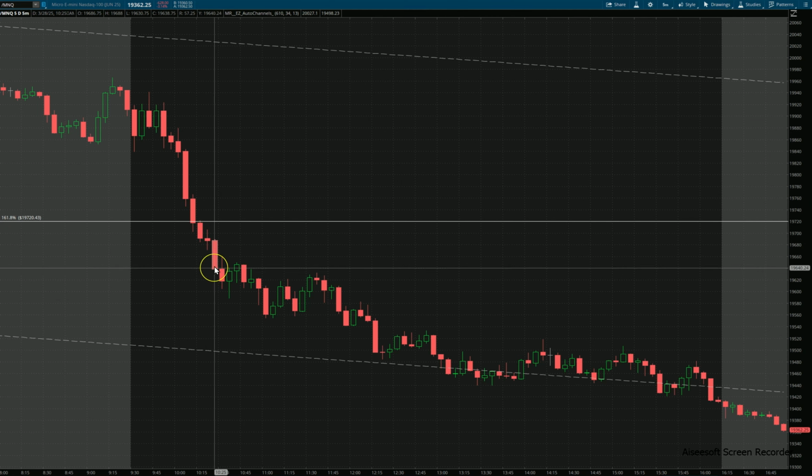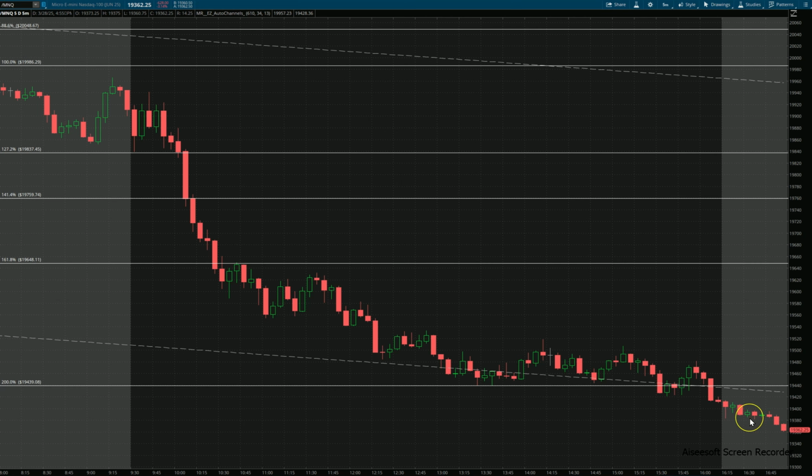Okay. So we have the daily Fibonacci up here. We have a 161.8 daily Fibonacci. And if I can access, nice, I can access the Fibonacci's at least. All right. So let's see. So we get the 5 minute Fibonacci's here.